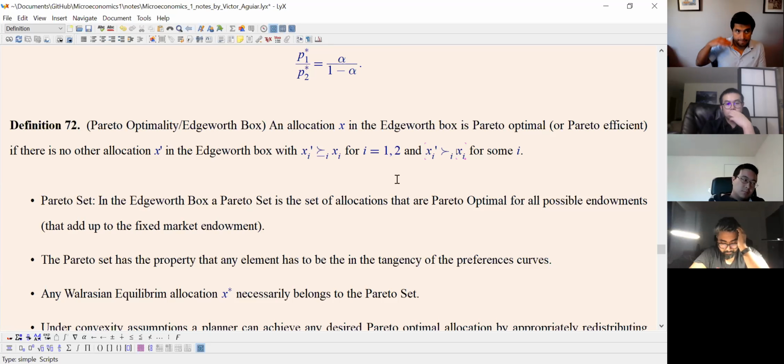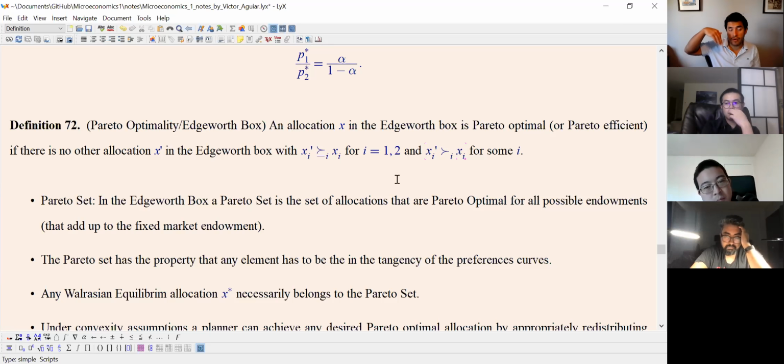So given that, I want you to understand the mathematical complexity of this, okay? So a Pareto allocation is basically a ranking over allocations of goods to individuals, right? A preference ranking ranks basically commodity bundles for an individual. But now we're talking about a social ranking. Do you understand? So if you're thinking from the point of view of a social planner, what is a desirable allocation?